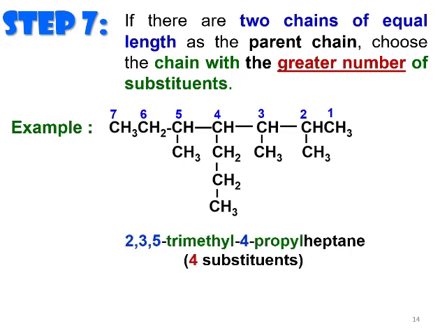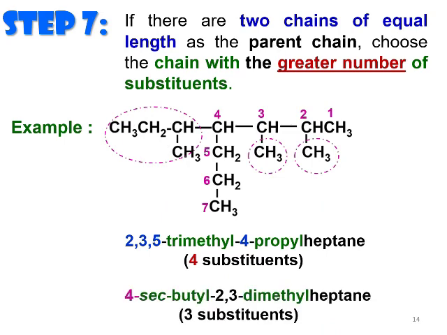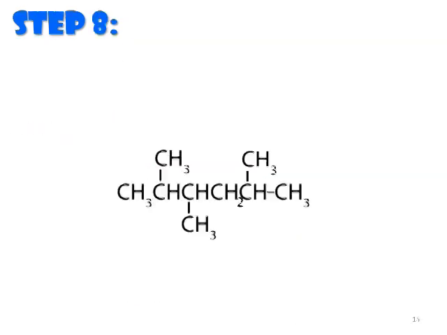So the name is 2,3,5-trimethyl-4-propylheptane, not 4-sec-butyl-2,3-dimethylheptane, because it only has 3 substituents.